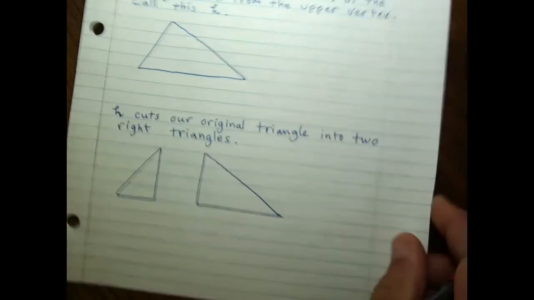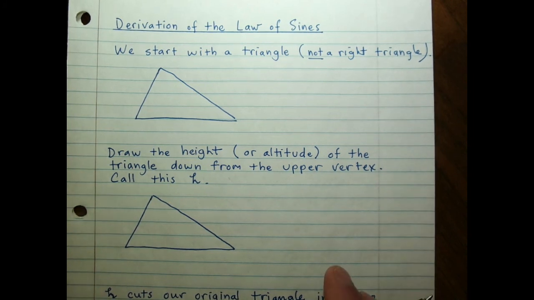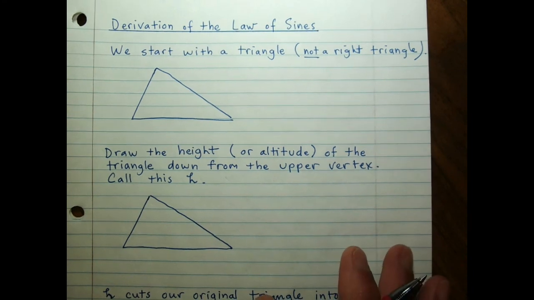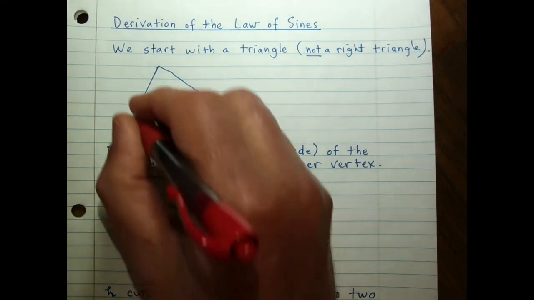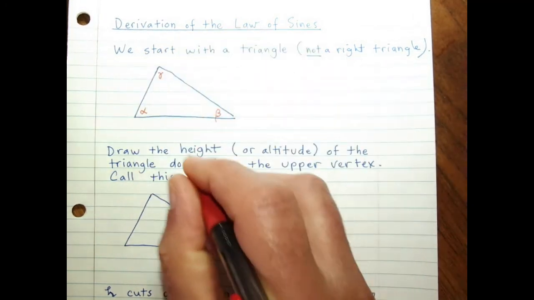Okay, so let's start our derivation of the law of sines, this new rule. We're going to start with a triangle that's not a right triangle. Let's label alpha, beta, gamma, the three angles.